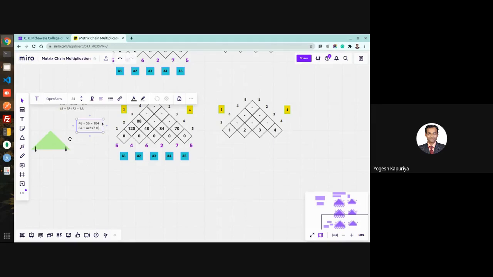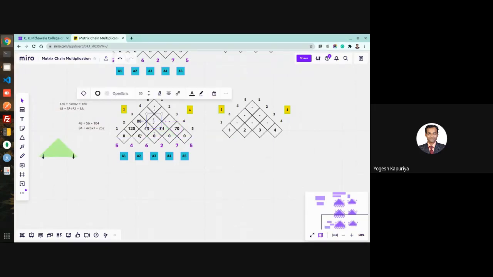So that should be 168. Yes, it's 168. So when you add these two together, it will be 252. Okay. So that means one way, if you do it in this way, then it will be 104. If you do it in this way, then it will be 252. So obviously the minimum is 104.